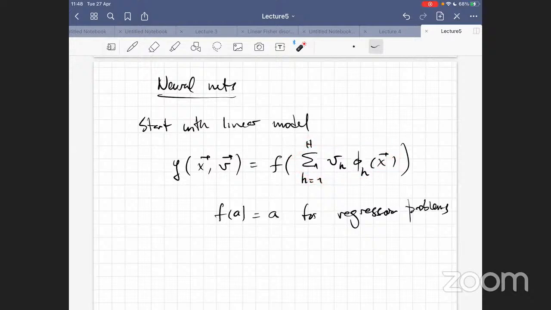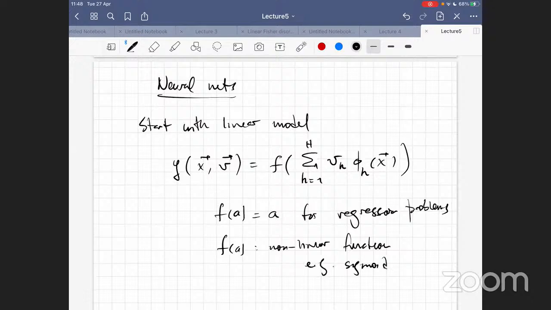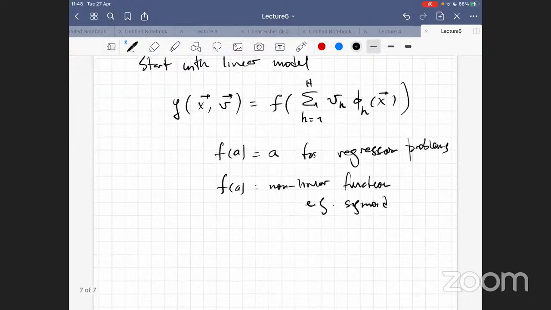And if it is a classification, as in logistic regression, then f of A is a nonlinear function, for example the sigmoid, and then at least in the probabilistic interpretation, you interpret this as a probability.